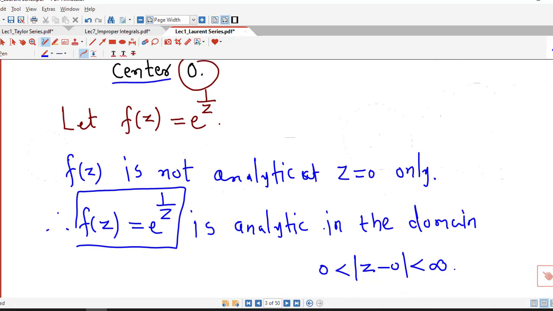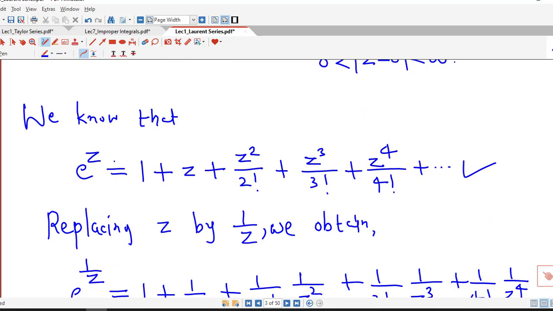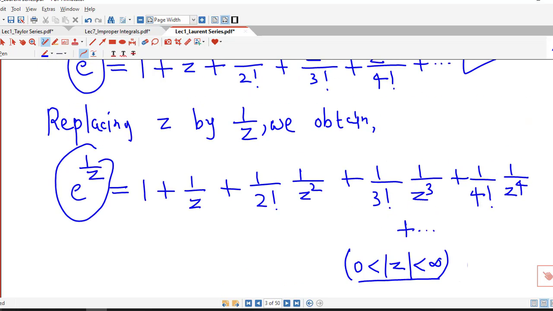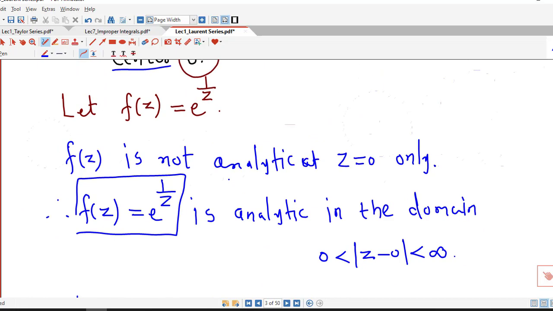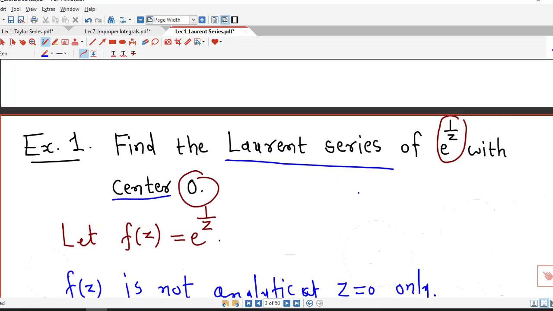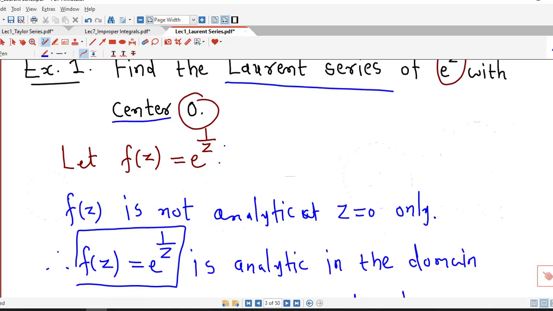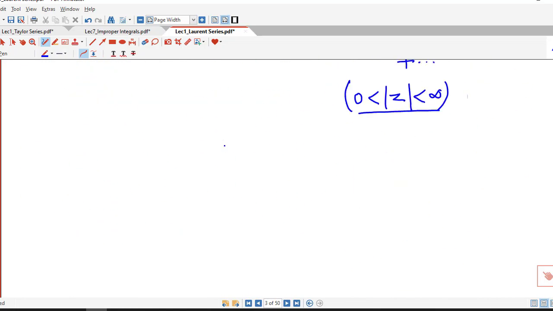We are just using the standard Maclaurin series of e raised to z to obtain the Laurent series of e raised to 1 by z. So it is very easy to obtain a Laurent series expansion. You just have to decide in which domain your function is analytic, with the center given in the problem. We consider one more example.